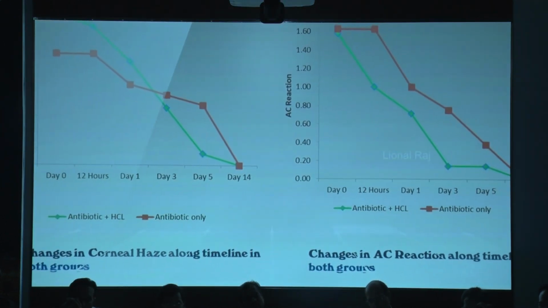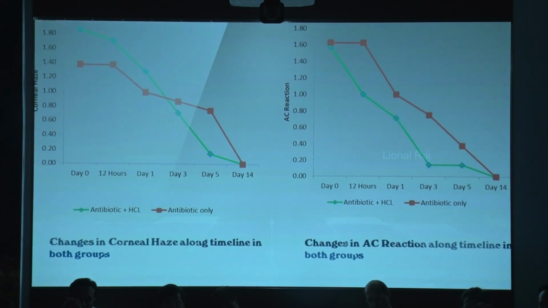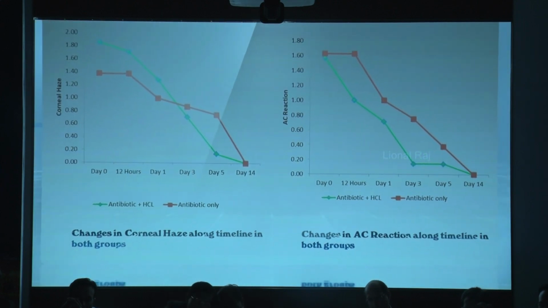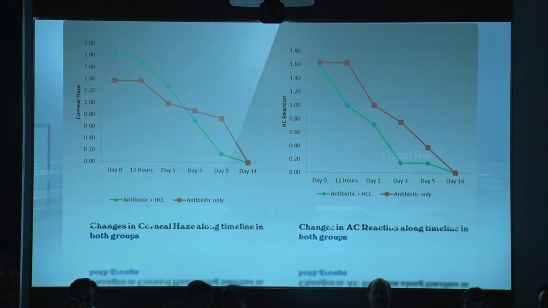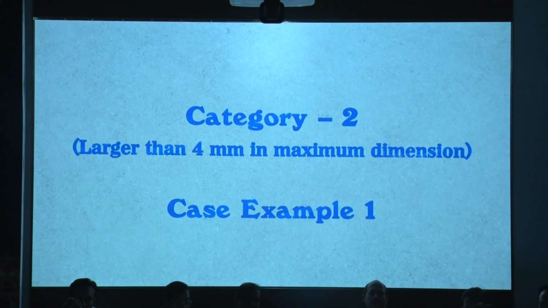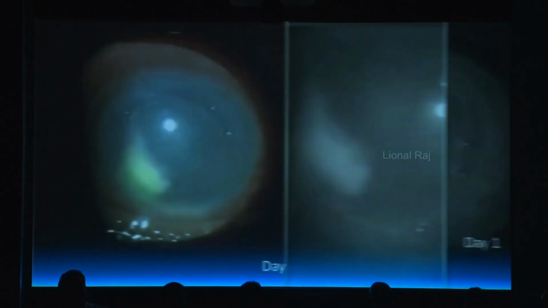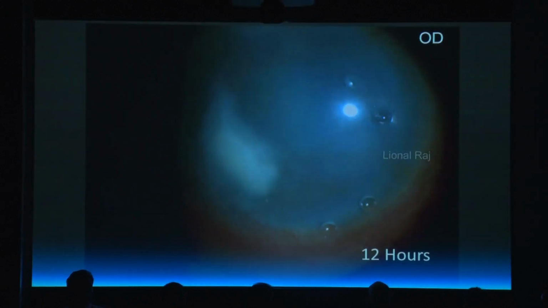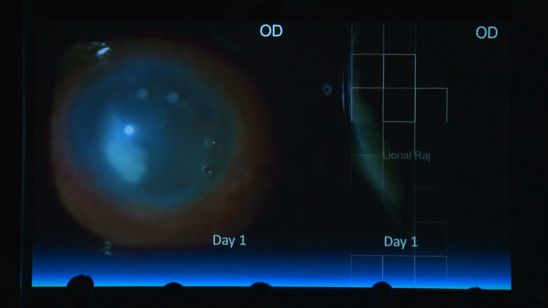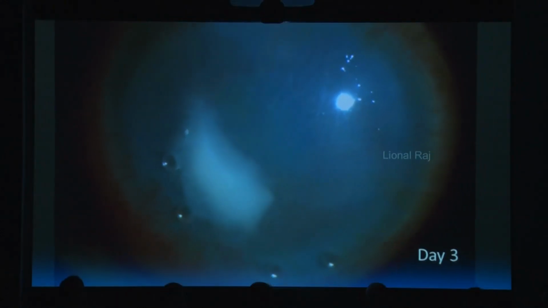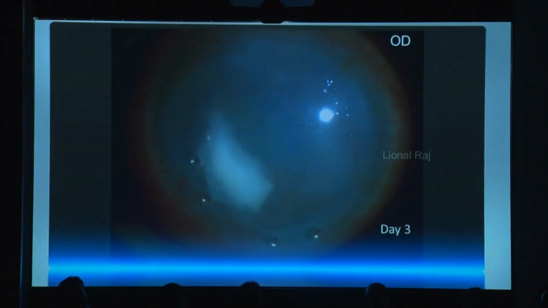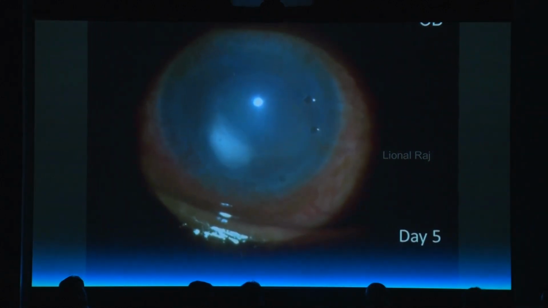There was a significant reduction of corneal haze and reactions in both the groups, more so with the contact lens group in the first 3 days. Category 2 cases were bacterial keratitis larger than 4 mm in their maximum dimension, treated with a monotherapy of moxifloxacin in gram-positive group of organisms and with amikacin in gram-negative group.